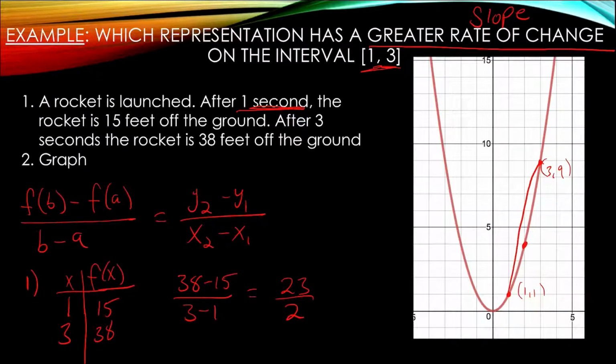So I have 9 minus 1 divided by 3 minus 1. So notice I'm getting the 9 there, 3 there, and there's my 1s on this bottom point. We get 8 over 3. Here's my bigger one. So I know the rocket has a greater rate of change.